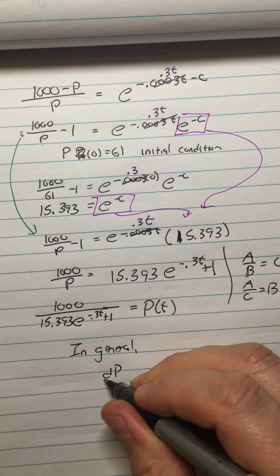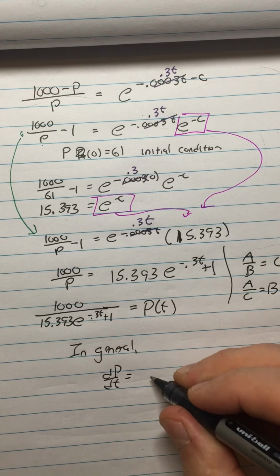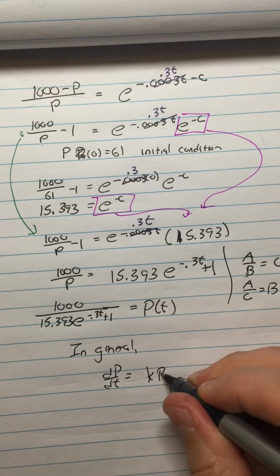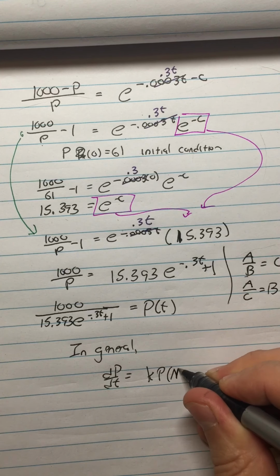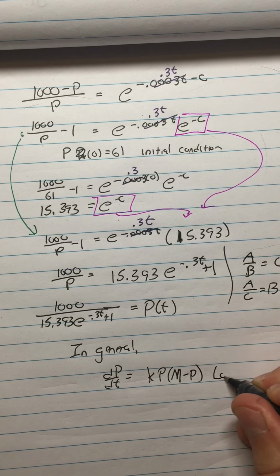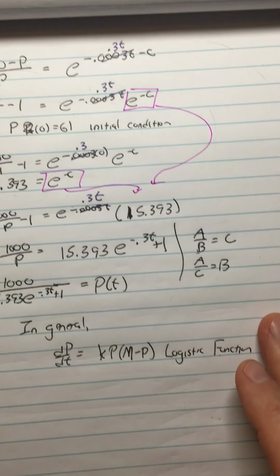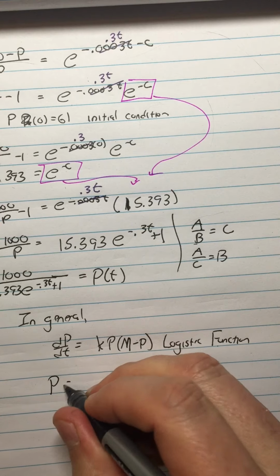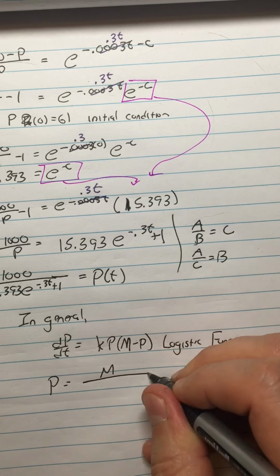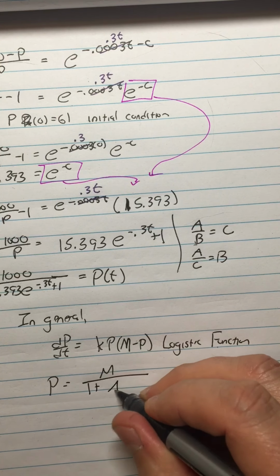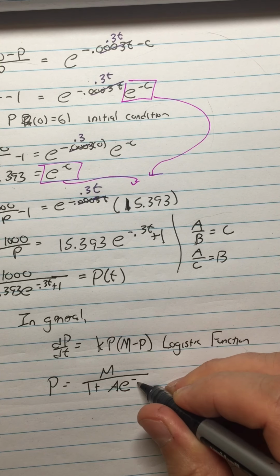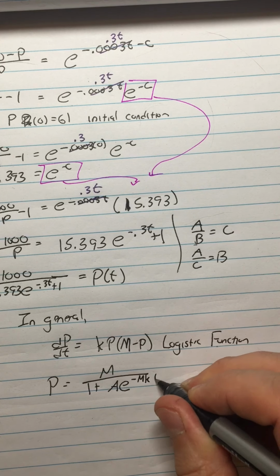when dp dt equals kp times m minus p, then you have a logistic equation or a logistic function, and the result you're going to have is p equals m over 1 plus a e to the negative mkt.